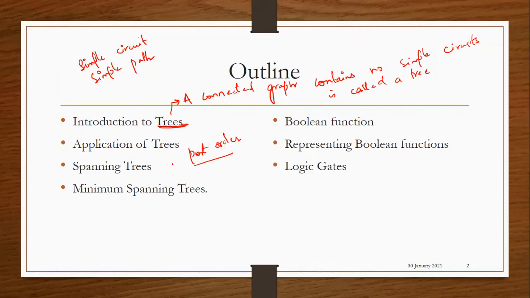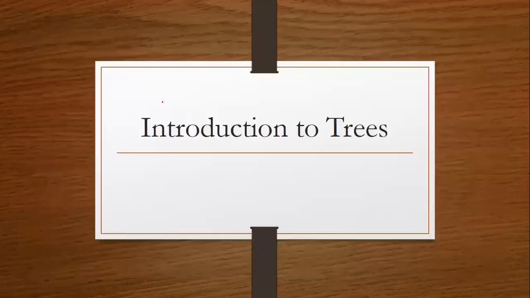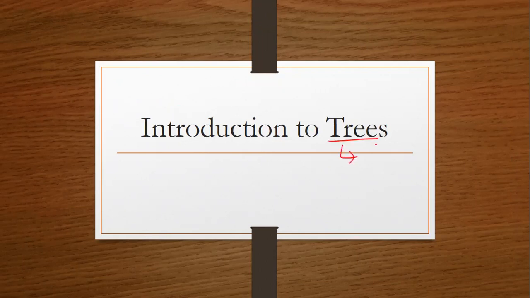And let's see the introduction to this topic. In the earlier topics, we have studied how graphs can be used to model and solve many problems. In this chapter, we will focus on a particular type of graph. So basically, a tree is a type of graph in which there are no simple circuits. A type of connected graph, actually, that contains no simple circuits, as I have already written earlier.